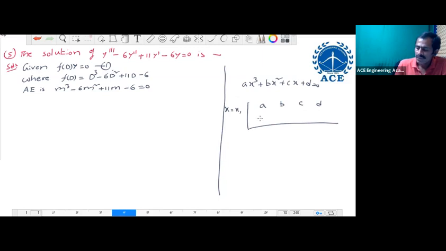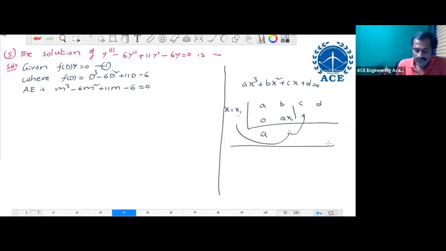Then, according to the synthetic division method, we start with 0 here. Then we find the sum of these 2 and write it here, that is a + 0 = a. Then we multiply a and x1 and write that product here. Then we find the sum of these 2 and write it here. After that, again we find the product of these 2 and write it here like this. It is the synthetic division method.